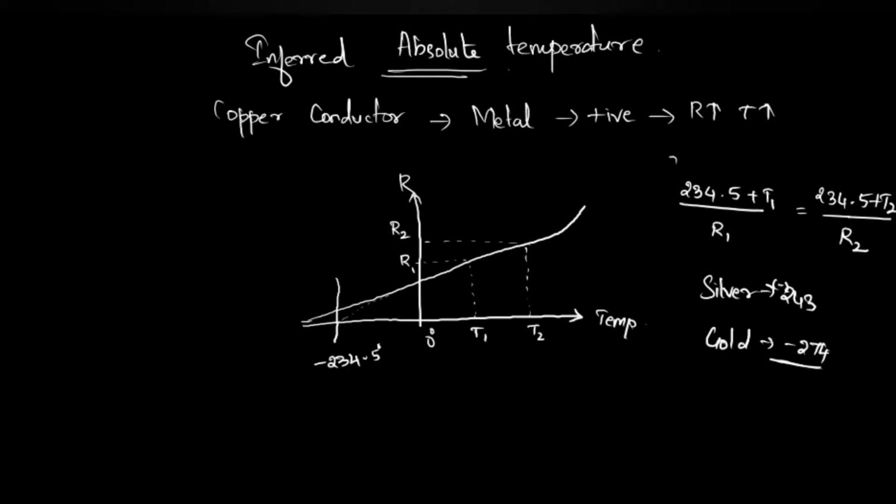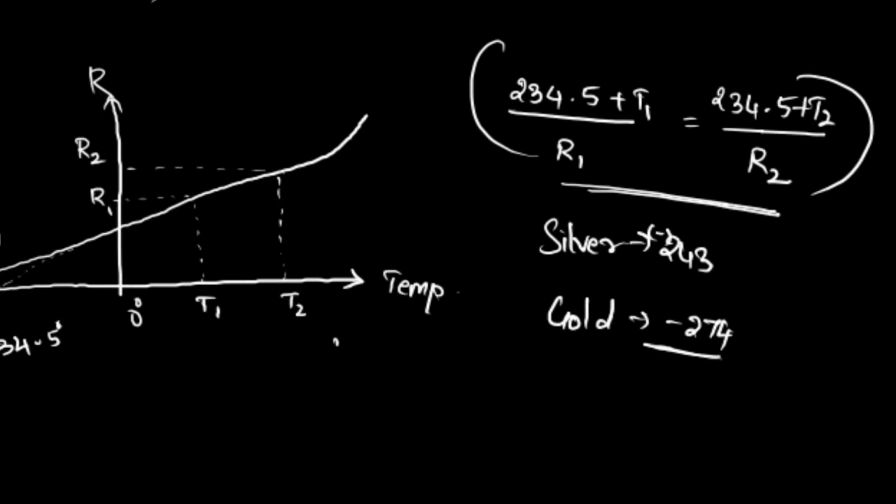So by knowing this relation, we can easily calculate the value of resistance at various temperatures. Suppose we know that a copper wire has a resistance of 50 ohm at 20 degrees Celsius, and we are supposed to calculate the resistance at 100 degrees Celsius, then it is very easy using this formula. We just need to substitute R1 equal to 50 and T1 equal to 20, T2 equal to 100, then we will get the value of the resistance R2 at 100 degrees Celsius.